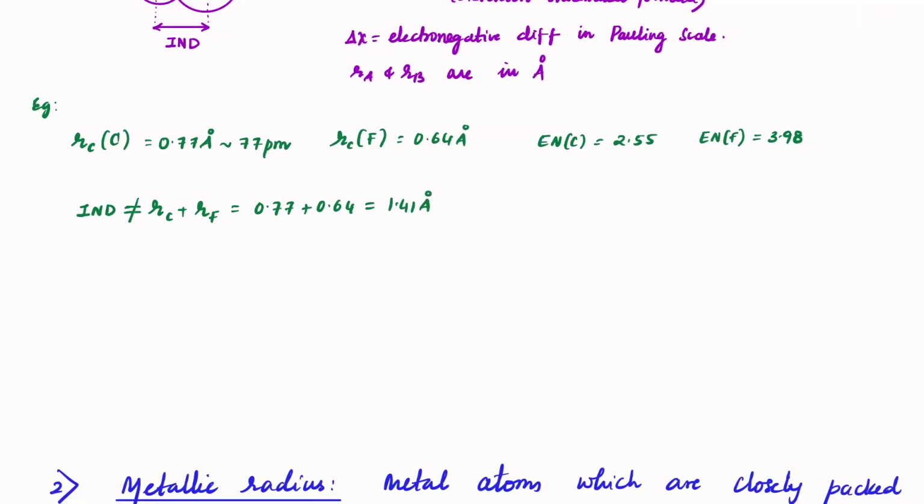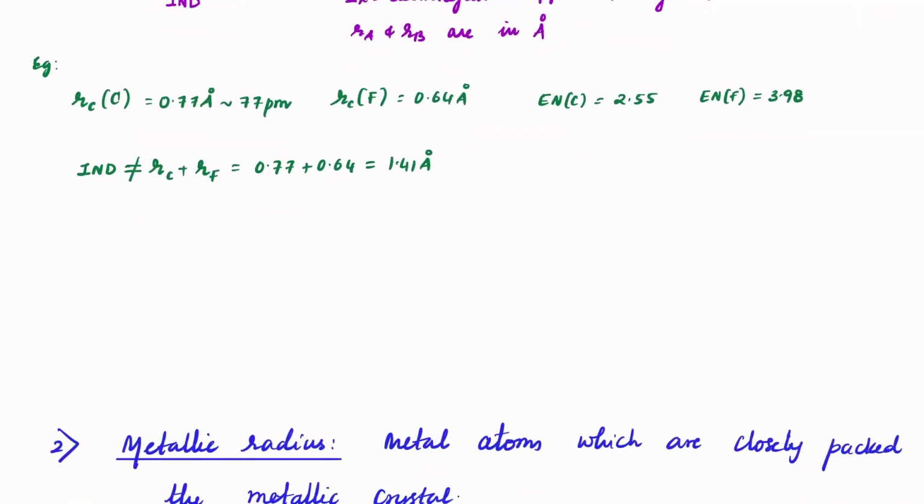While if you calculate the internuclear distance, let's say D of C-F distance I'm calculating, what is the formula I'll get? Radius of carbon plus radius of fluorine minus 0.09 into electronegativity difference. So that makes it 0.77 plus 0.64 minus 0.09 into the electronegativity difference.